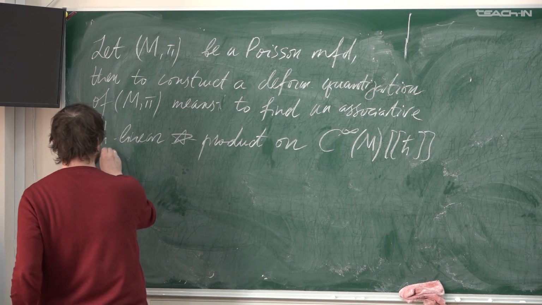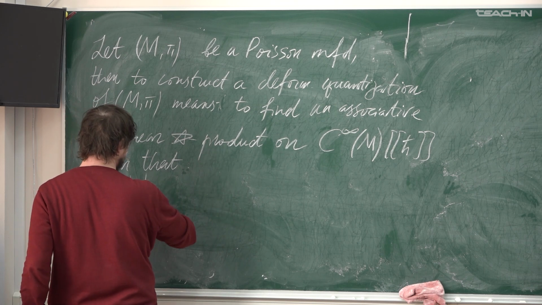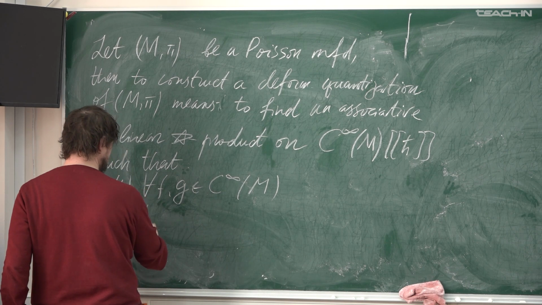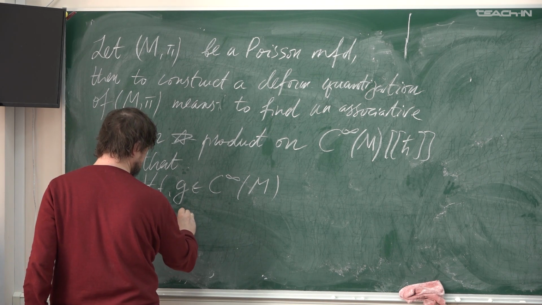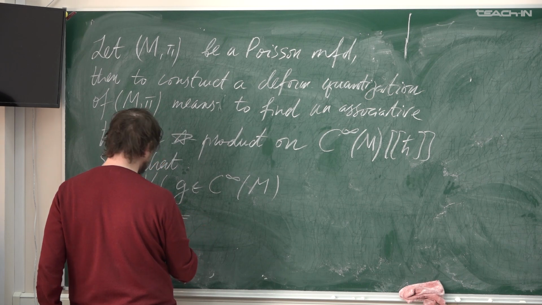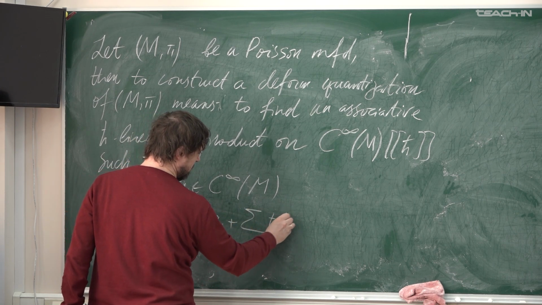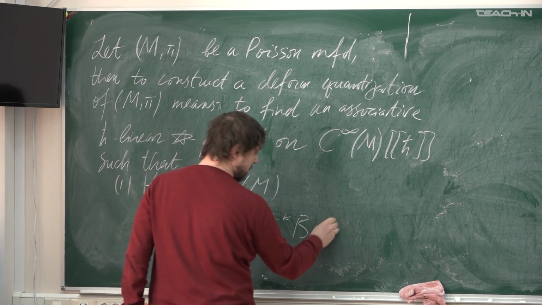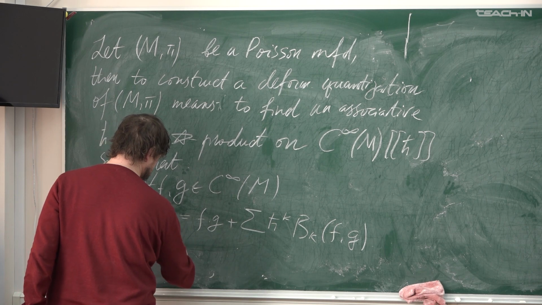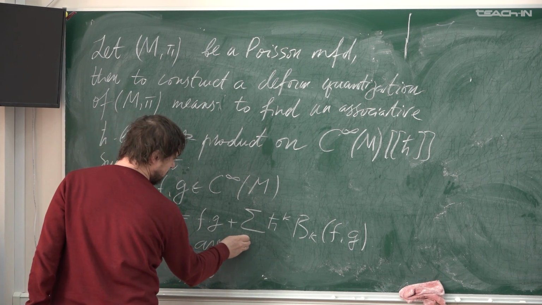Okay, such that, first, for all f, g in C infinity of M, f star g would be equal to f times g plus the sum of h bar to the power k B_k of f comma g, where the B_k are some bidifferential operators.